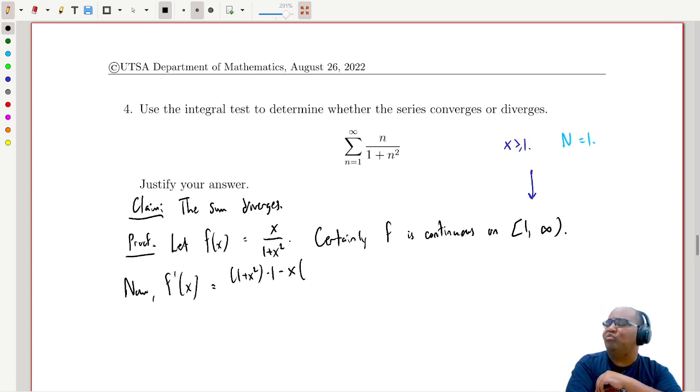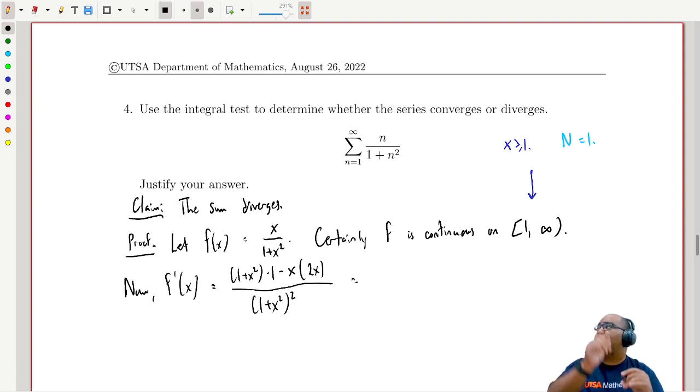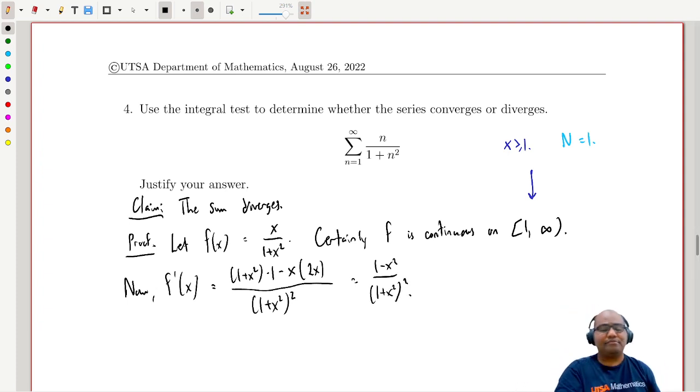The derivative of 1 plus x squared is 2x, just power rule, all over the bottom squared, 1 plus x squared squared. Now, when you tidy everything up in the numerator, you will get 1 minus x squared over the square of 1 plus x squared.